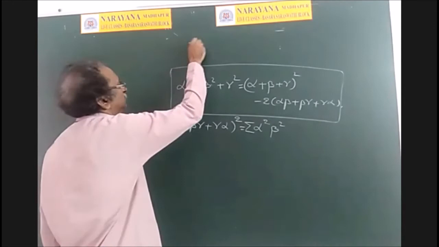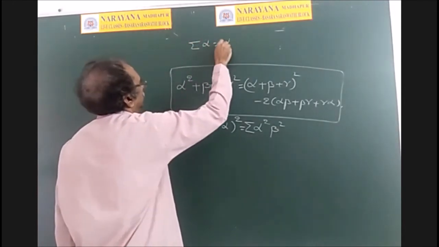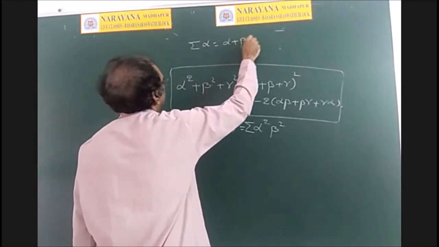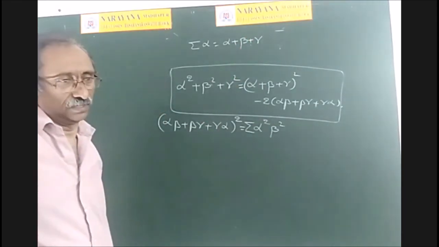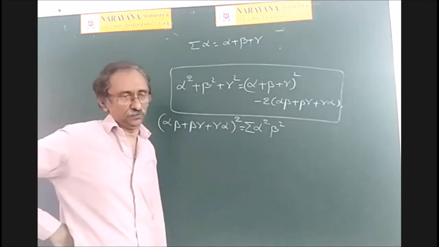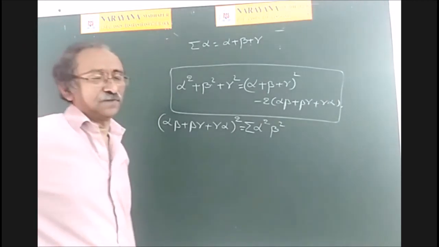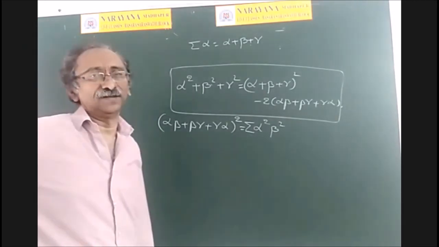What is meant by sigma alpha here? In this problem, sigma alpha means alpha plus beta plus gamma. In quadratic equations, sigma alpha means simply alpha plus beta.